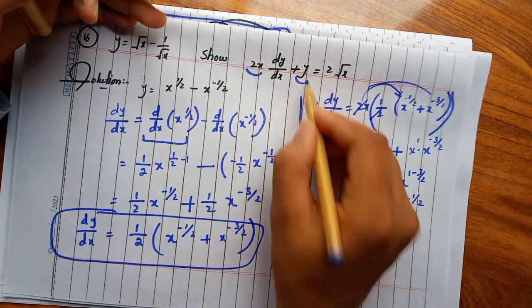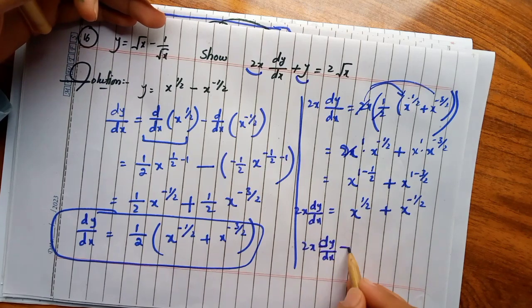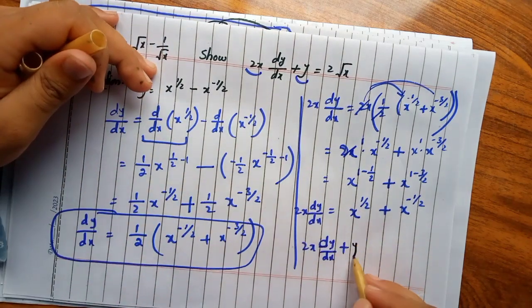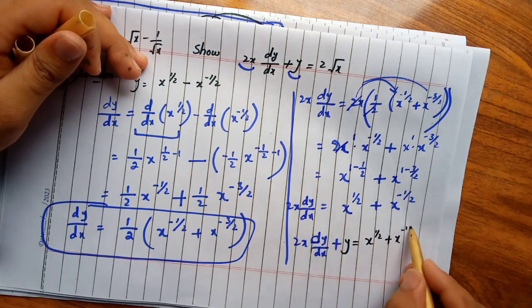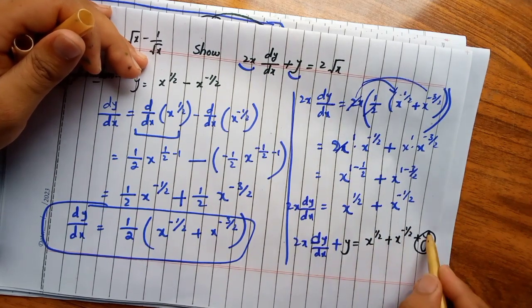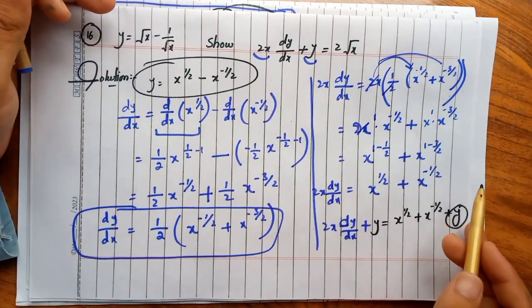Again we will add y on both sides, 2x dy over dx plus y. So this will become x raised to the power 1 over 2 plus x raised to the power minus 1 over 2 plus y. Again put the value of y, which is x raised to the power 1 over 2 minus x raised to the power minus 1 over 2.